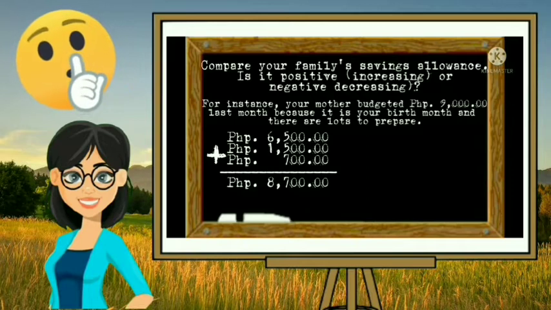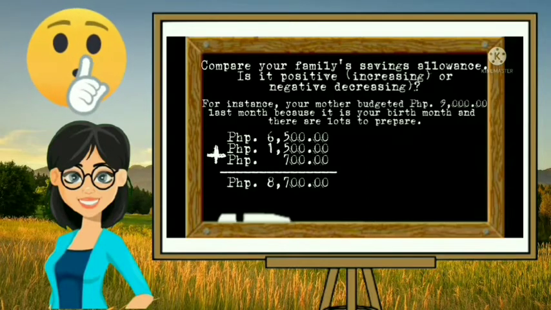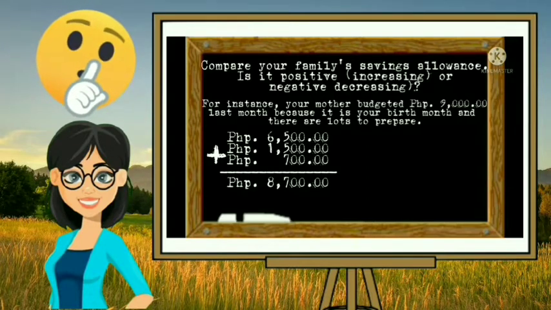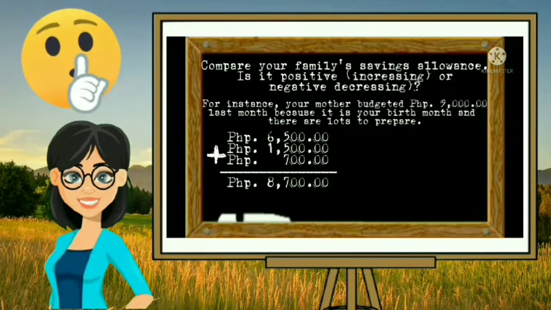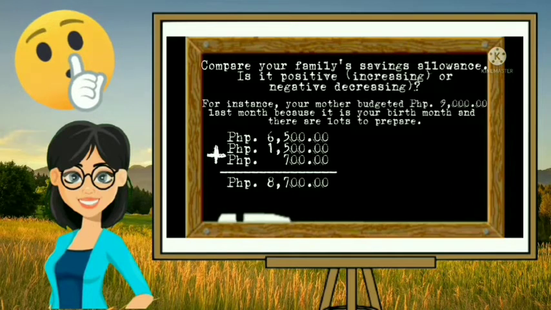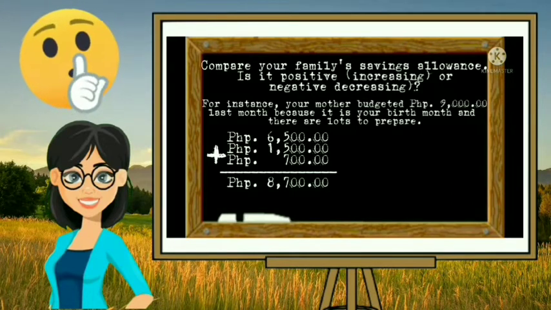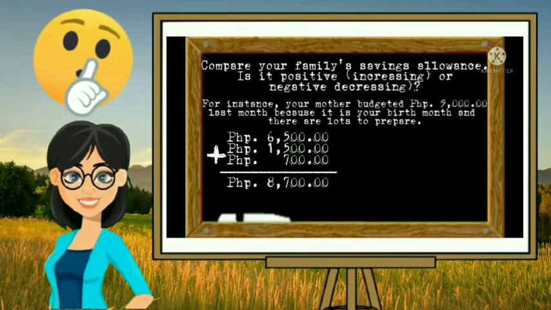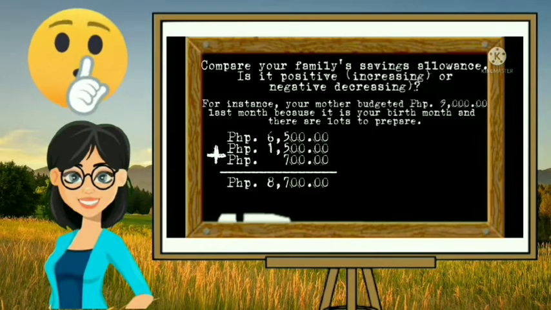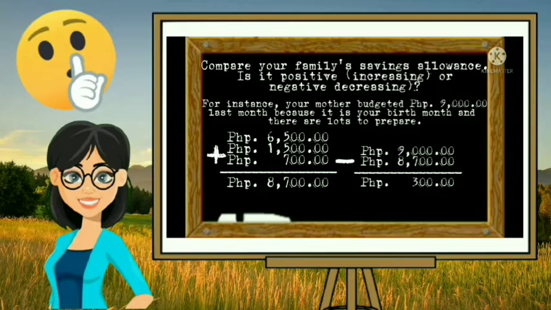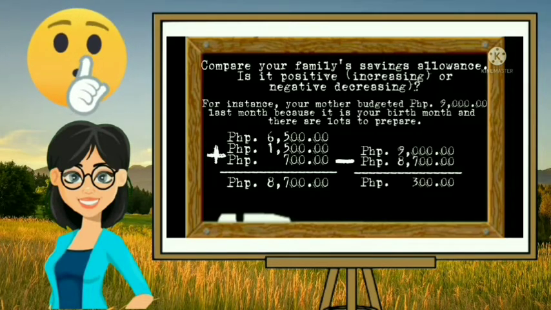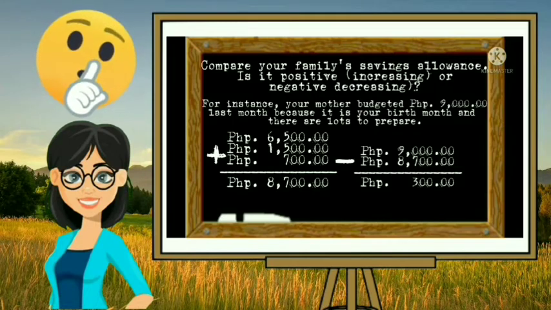Therefore, we need to add 6,500 pesos, 1,500 pesos, and 700 pesos. And that's a total of 8,700 pesos. Your family's monthly income last month, which is 9,000, is subtracted by all expenses, which is 8,700.